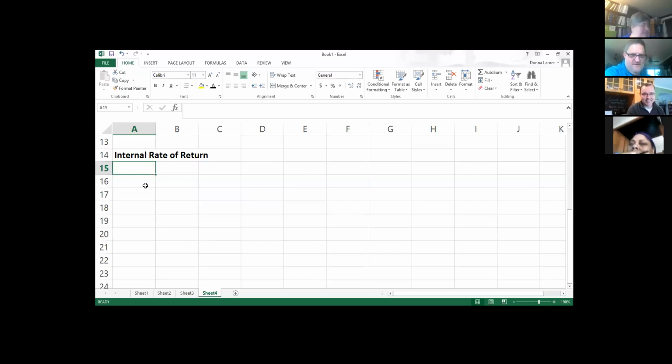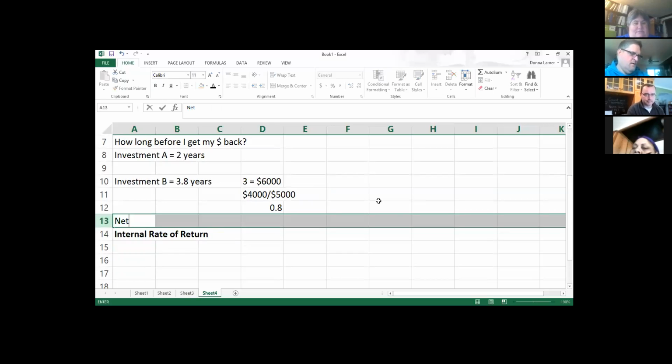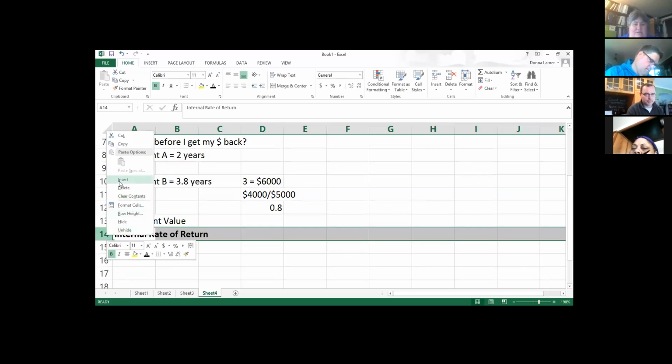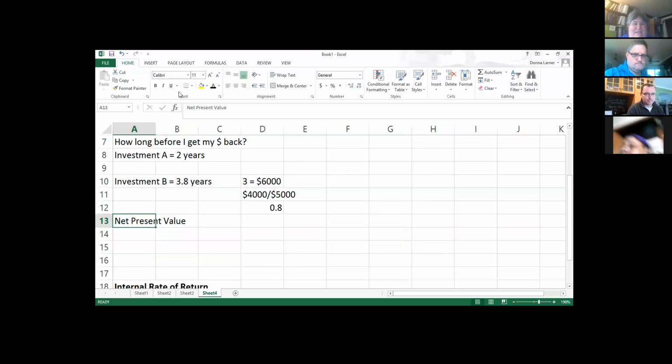Let's do net present value, because you need net present value to do internal rate of return; they're very tied together. As you can imagine, you're going to need present value calculations to do this one. Net present value is finding the present value of all the money you will get.